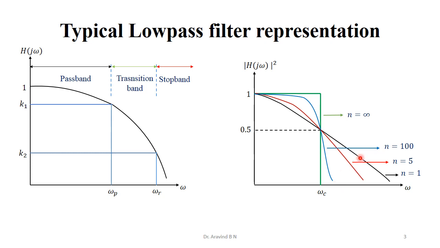That means if the order is higher, it will move towards the ideal case, and we can obtain the ideal case at an order of infinity. So this is just a basic understanding about a typical low pass filter realization.